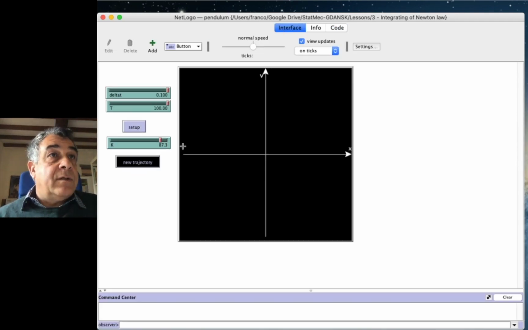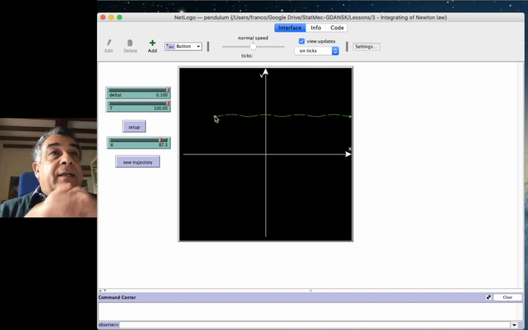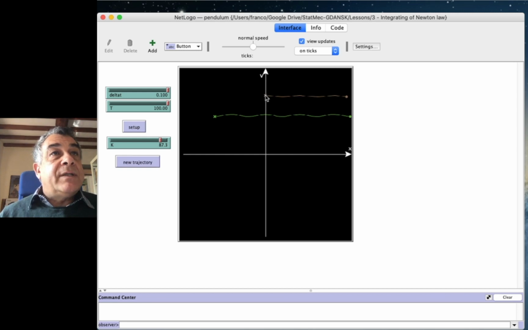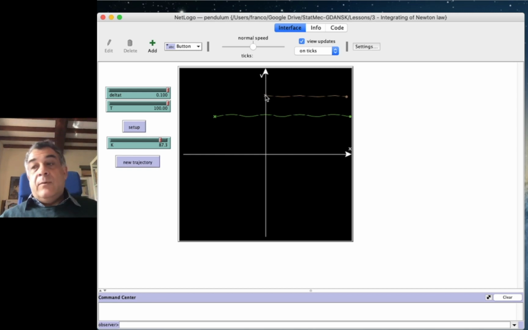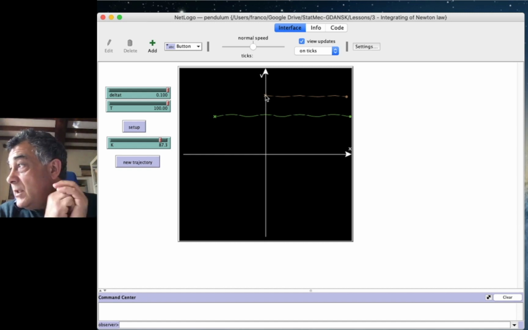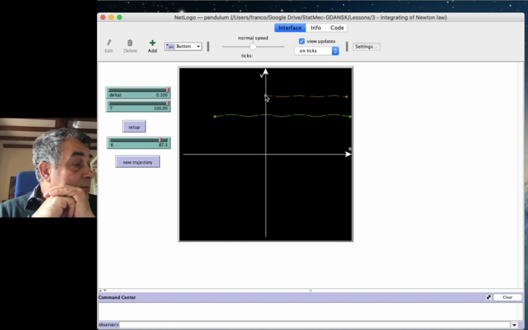And so I can start a new trajectory, and I see that clearly if I start a trajectory, say, in a certain position, I could have started say, in position 0, but with a certain velocity, which is equivalent to say to have a pendulum and to start kicking it with a certain initial energy.